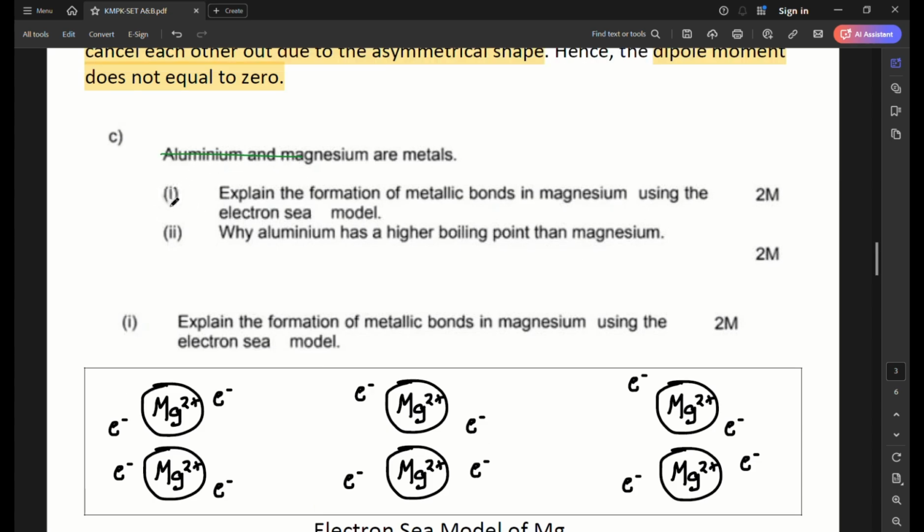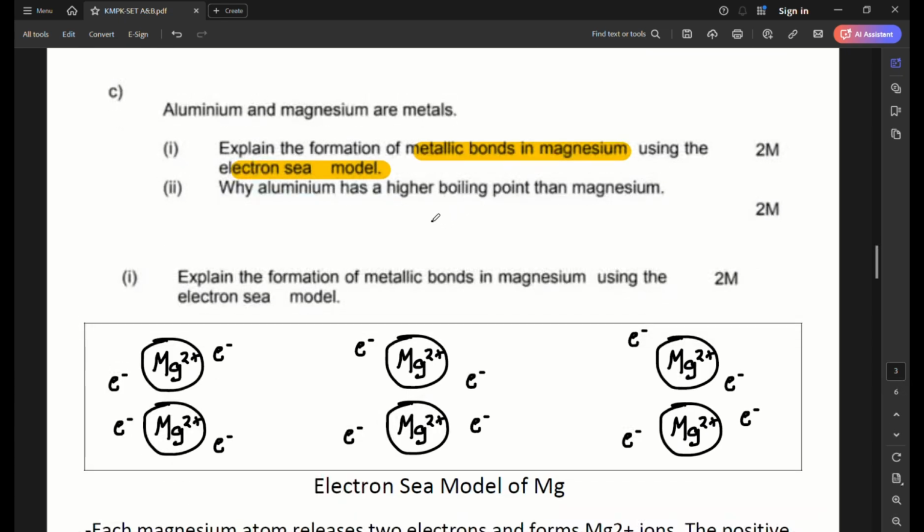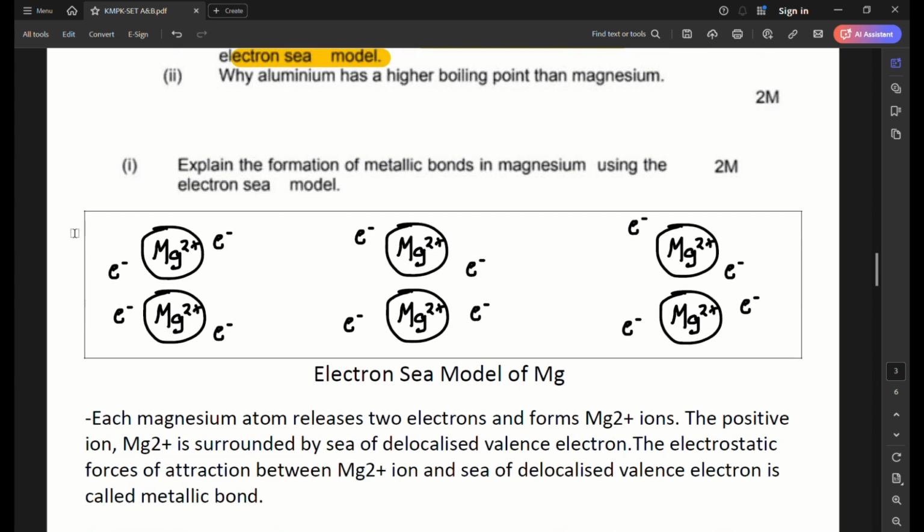Aluminium and magnesium are metals. Question number 1. Explain the formation of metallic bonds in magnesium using the electron sea model. Since it says using the electron sea model, it's a must that we draw the electron sea model and label it electron sea model of Mg.